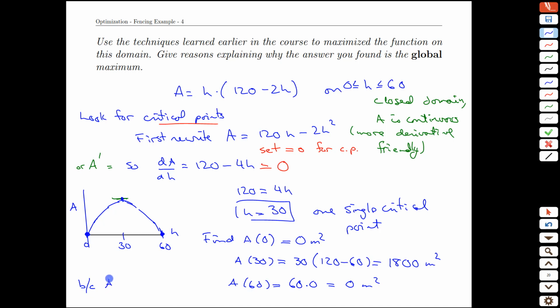And because A is continuous on a closed and bounded domain, and we check the 3 values that were possible, the 2 endpoints and the single critical point, which is all the critical points, A of 30 is the max area.